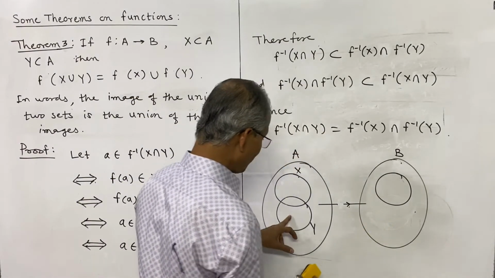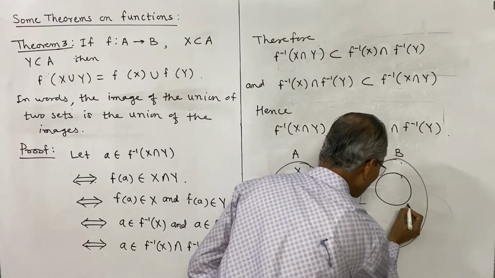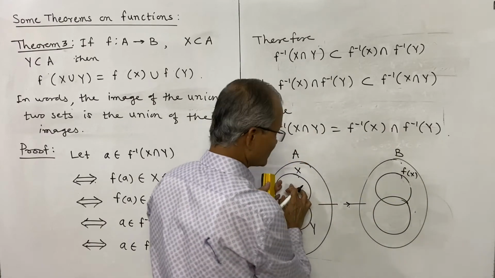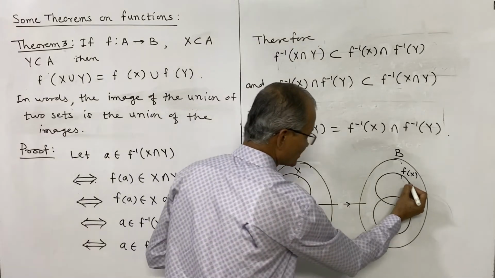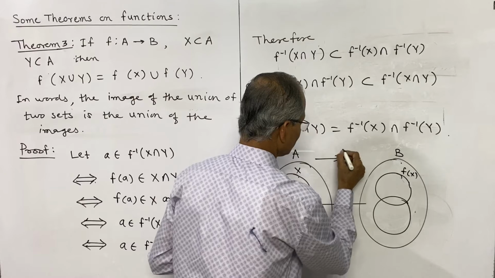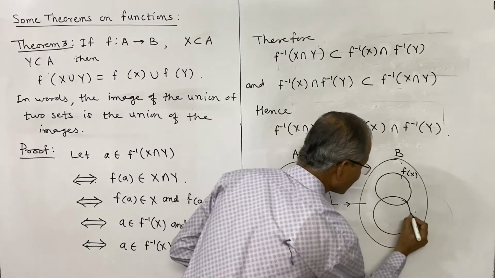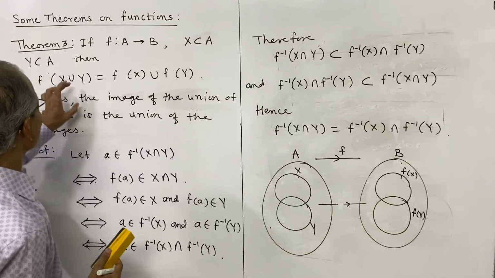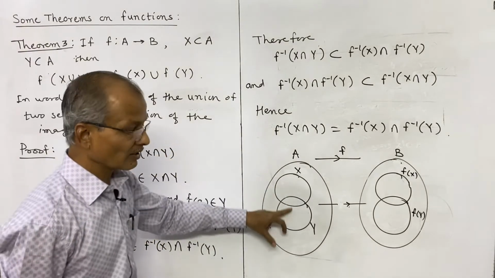And what will be f image of y? So that will be like this. So this will be f of x, and this x is mapped to, or the image of x is this set f of x. Image of y under f is f of y, that is this set. And what the meaning of the theorem is, f image of their union.